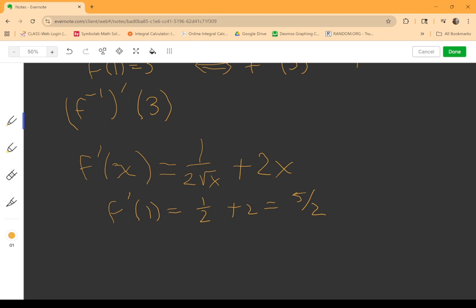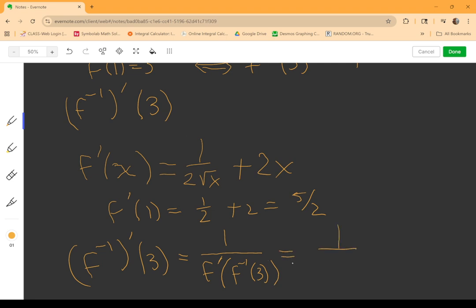Okay, so now applying the theorem that we had above, the derivative of the inverse at 3 is equal to 1 over f prime of the value of the inverse at 3.